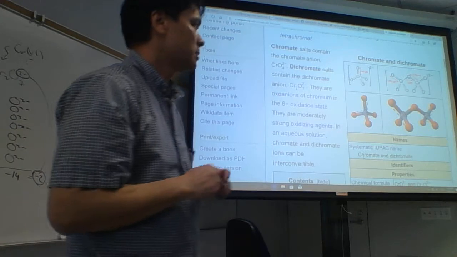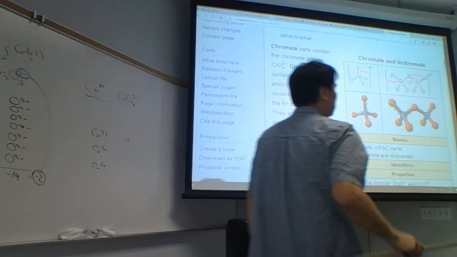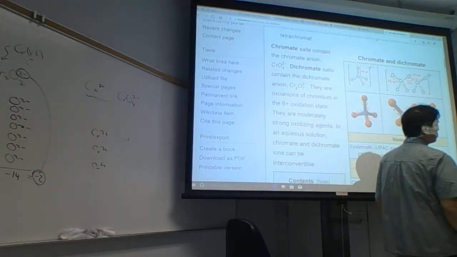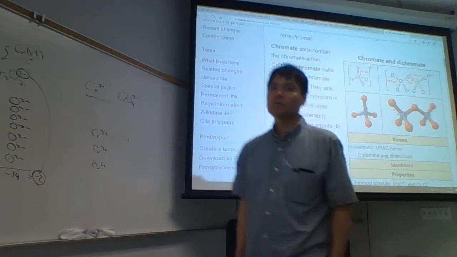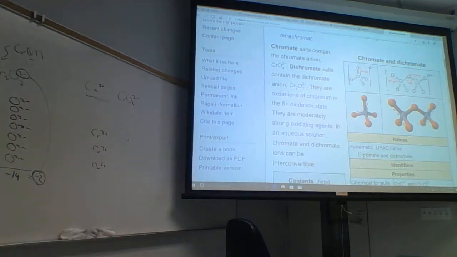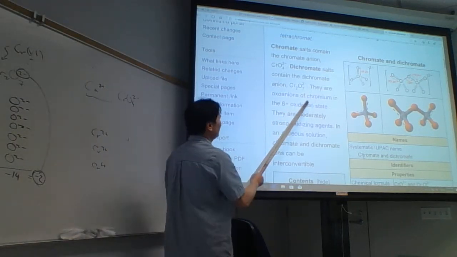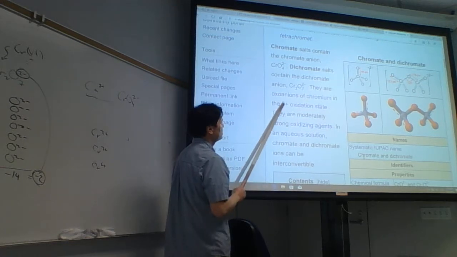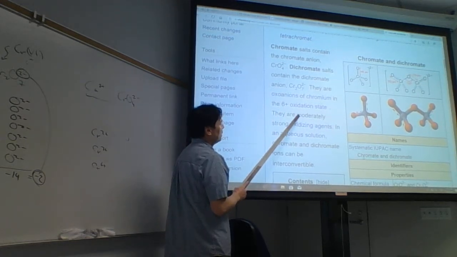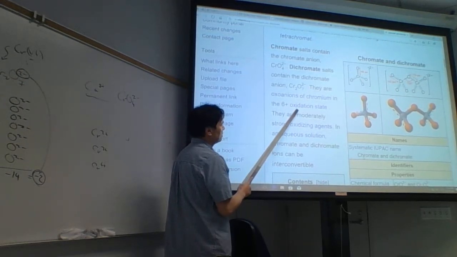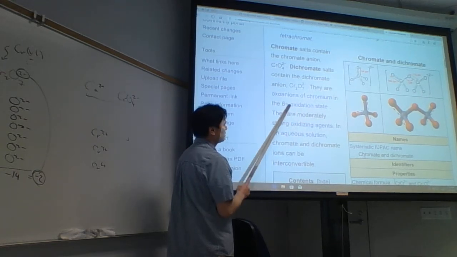Now, does it make sense that we have chromium 6? What about chromium 7? Is chromium 7 possible, which would be even less happy? Well, do you see this one? We say that the chromium is 6 plus. Now, we don't say charge in this case. We call it the oxidation state is 6 plus.